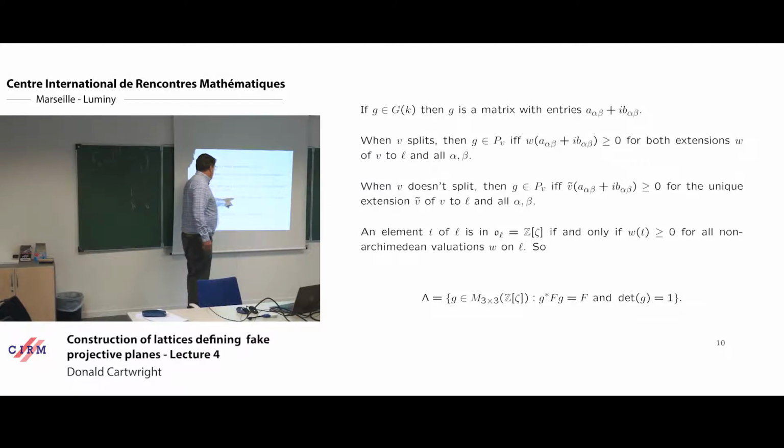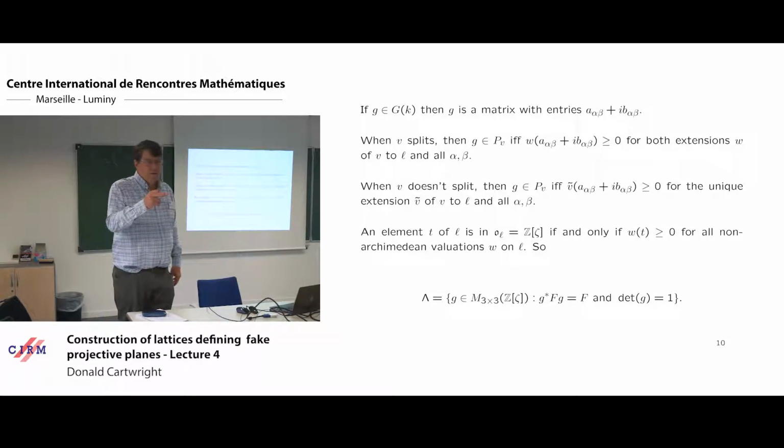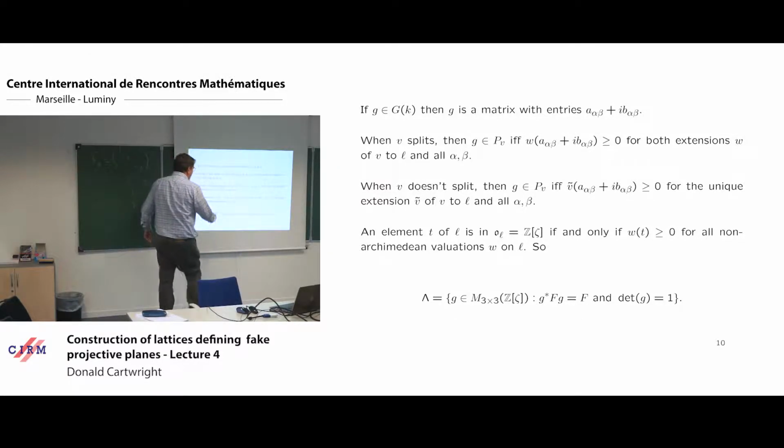So, by the way, this is a nice little fact about cyclotomic fields, that the ring of integers is just Z of zeta, or Z of zeta if you're from the wrong side of the Atlantic.